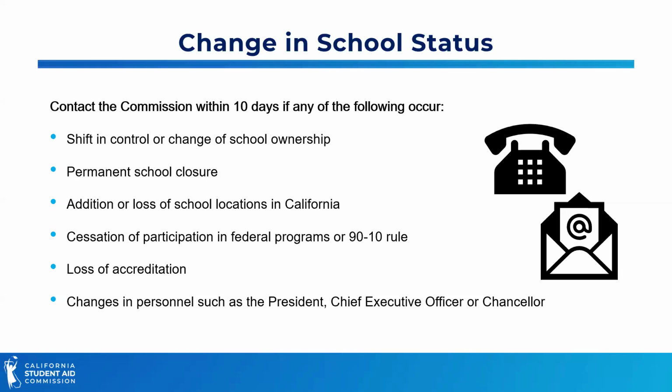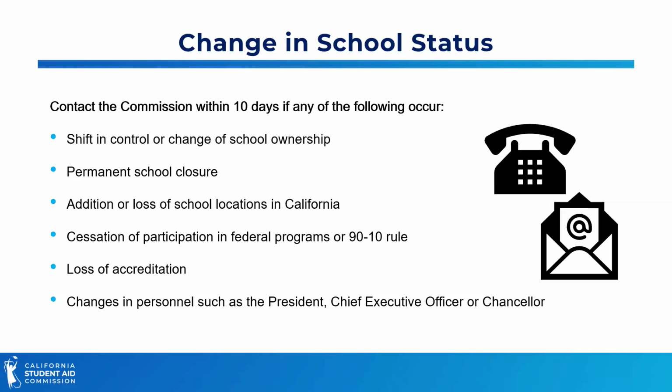And so some of these changes that could occur will require a notification to the commission. So that can include things like a shift in control or a change in school ownership, specifically for those private schools or their for-profit or nonprofit schools. If the school is permanently closed, if there is an addition or loss of school locations in California, if they are no longer participating in federal programs or the 90-10 rule.